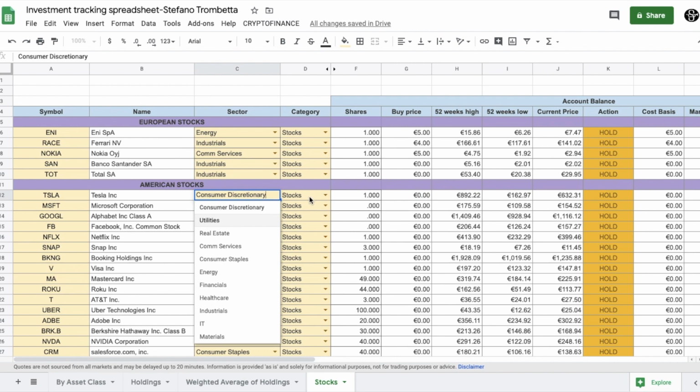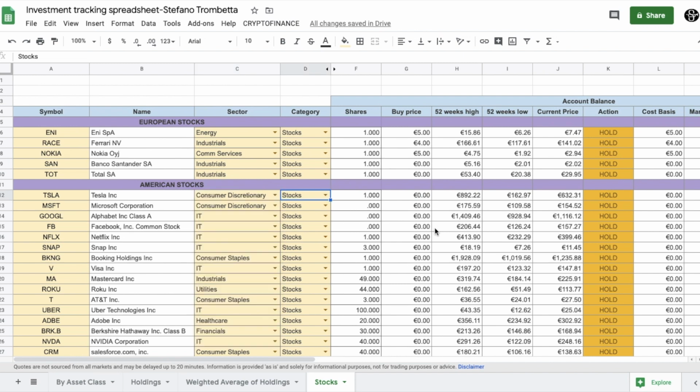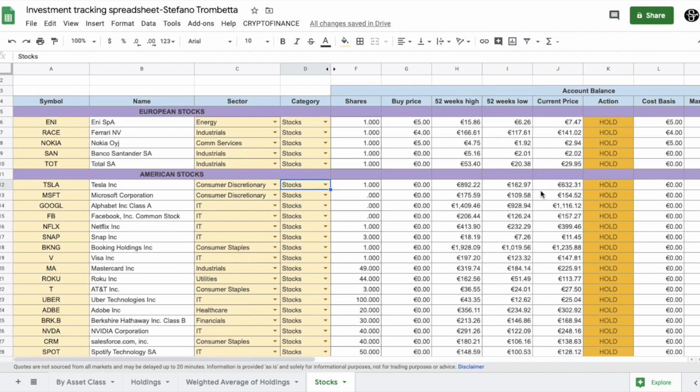They are all stocks, so don't change this. And be careful when you add a new one, because they use Google Finance, but some of them are listed in dollars and some in euros. So if they're listed in dollars, you will have to multiply by this, which changes the currency.